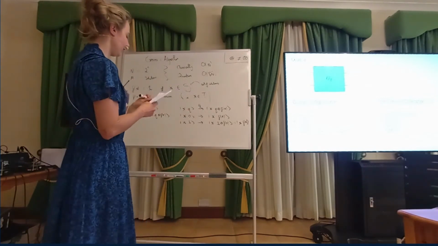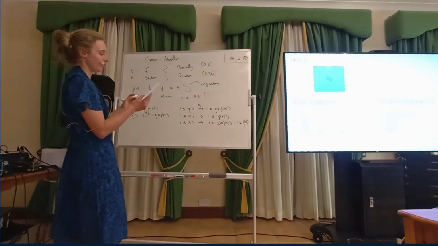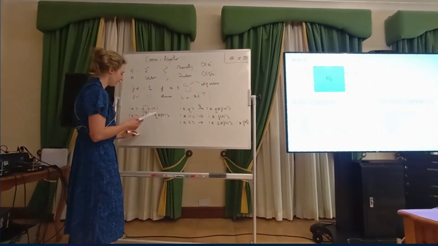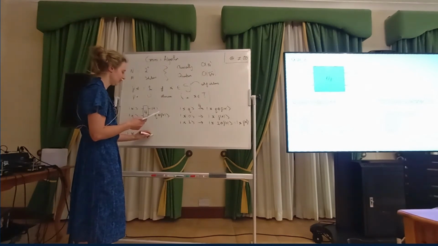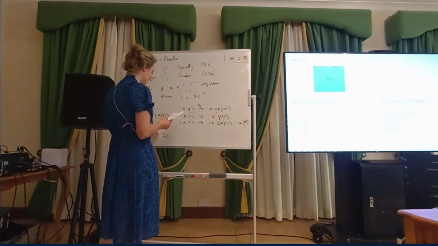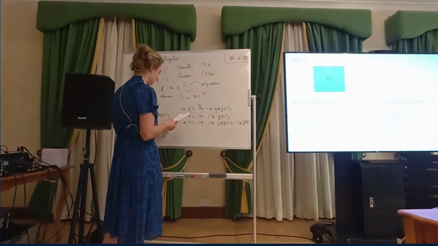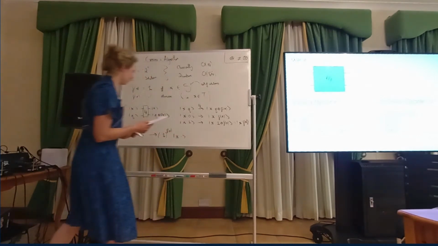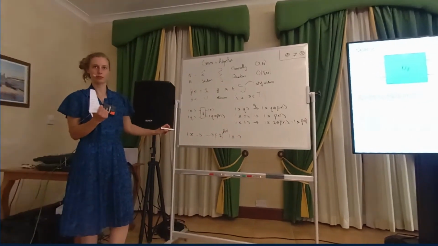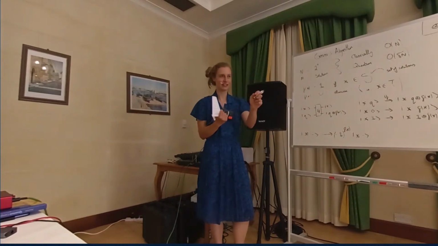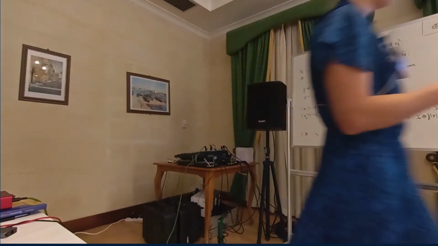We saw before that if you have x and then minus, do people remember this from the previous lecture, or shall I go over how you get it again? You want to go over it again? Cool, I can happily do that.